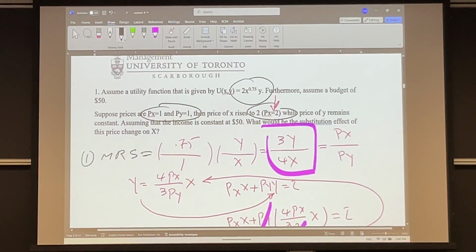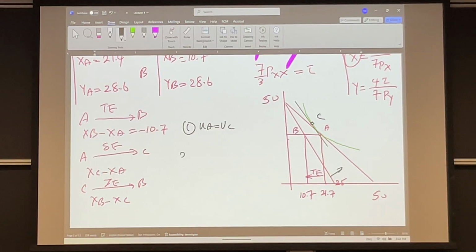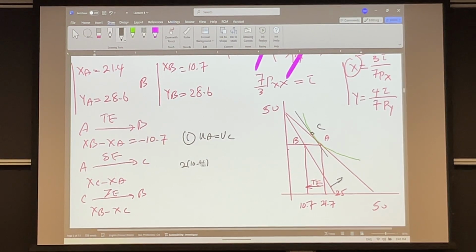And utility is this one: 21.4 to the power 0.75 times 28.6. That's the utility of A. It must be equal to the utility of C that you need to find. Alright? Make sense?